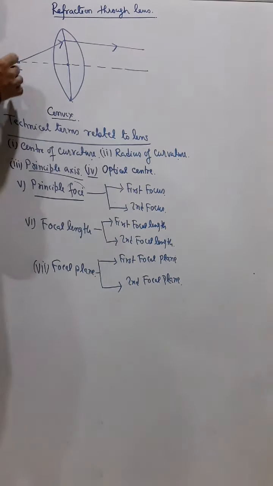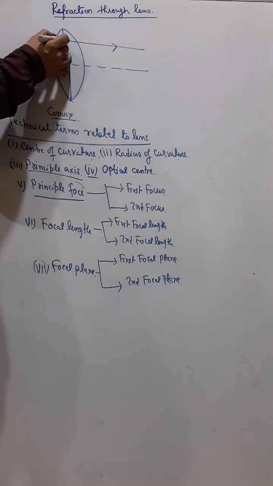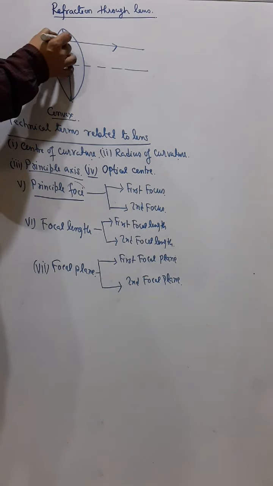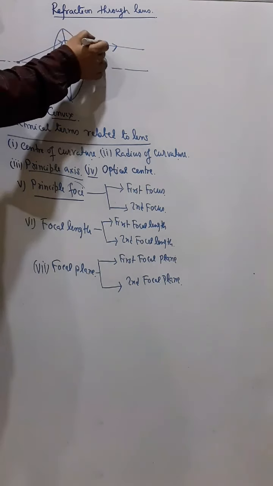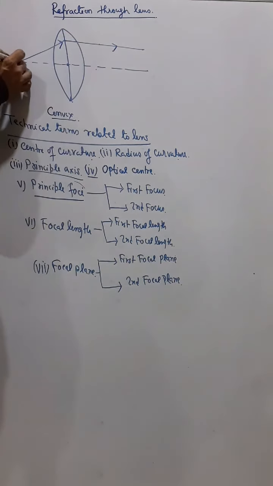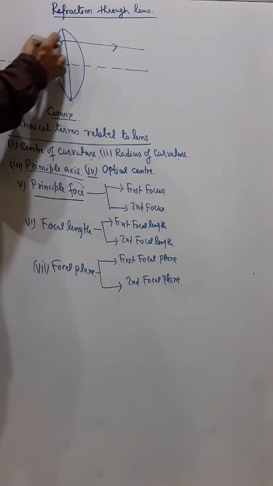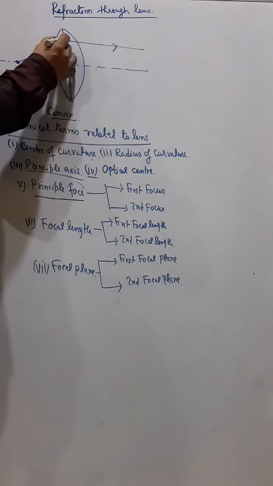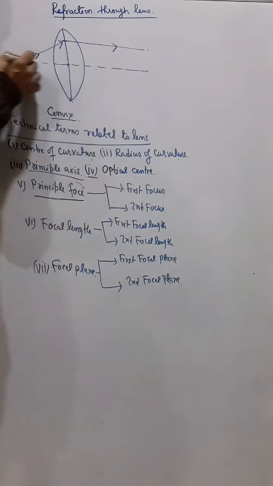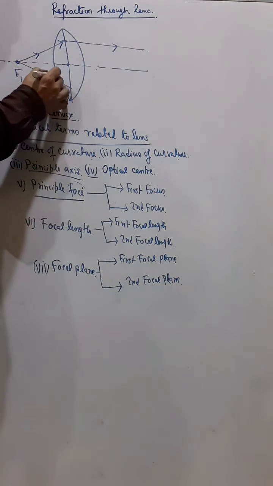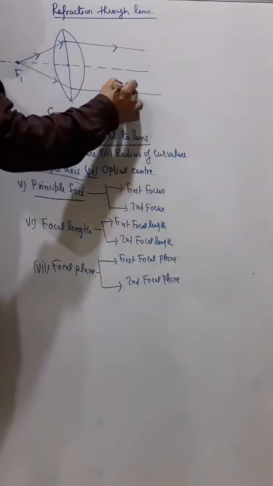So that means it is such a point that after passing through the lens, the ray of light becomes parallel with the principal axis. So if the light starts from here, and the ray of light falls on the lens, after passing through the lens, they become parallel. So like this, they become parallel.